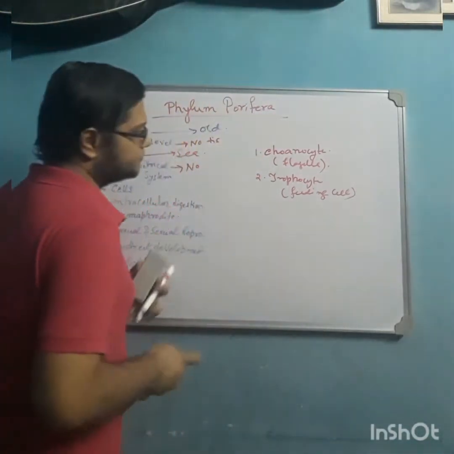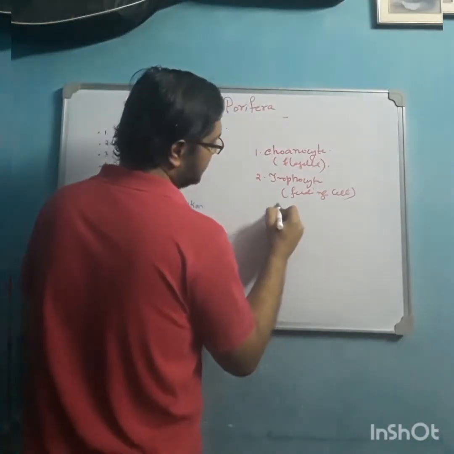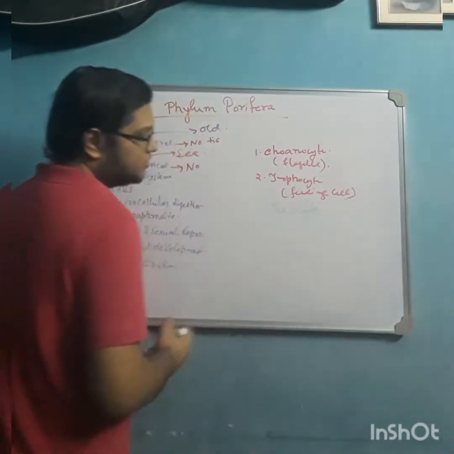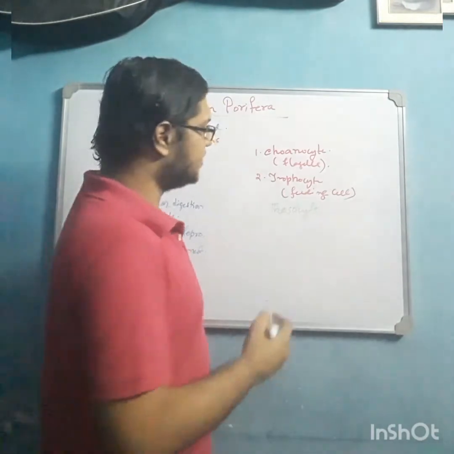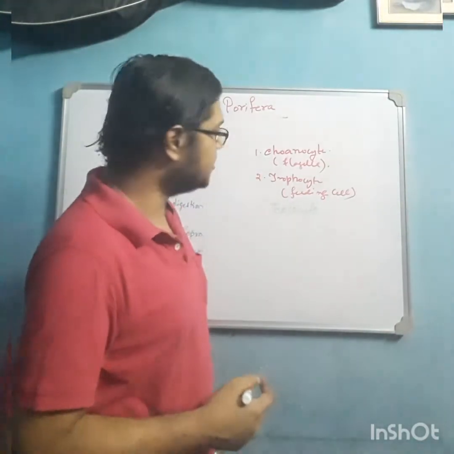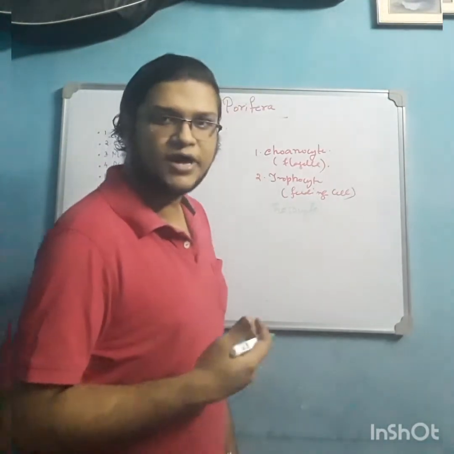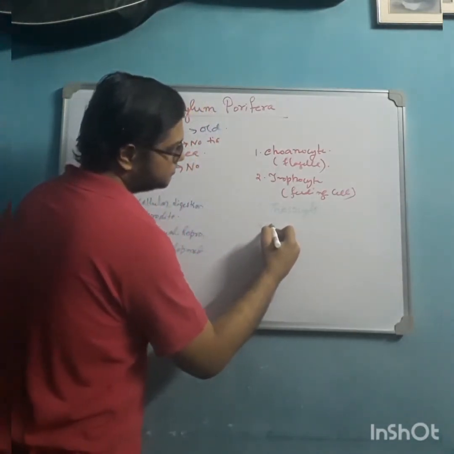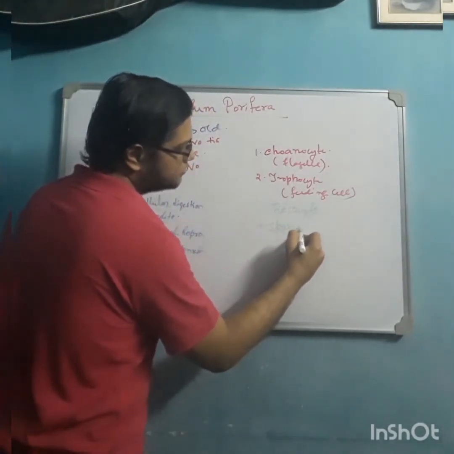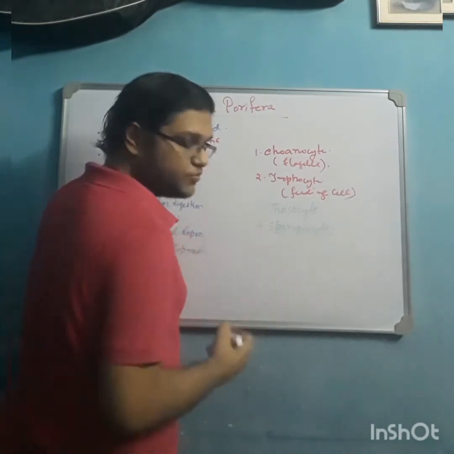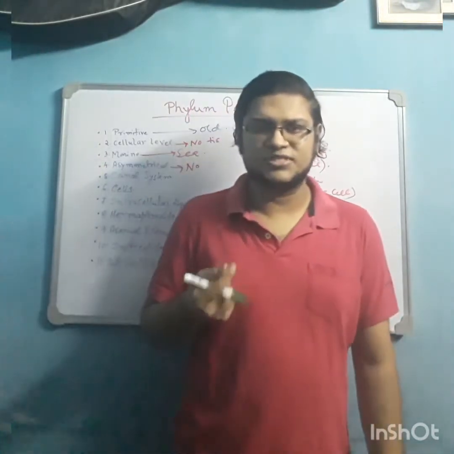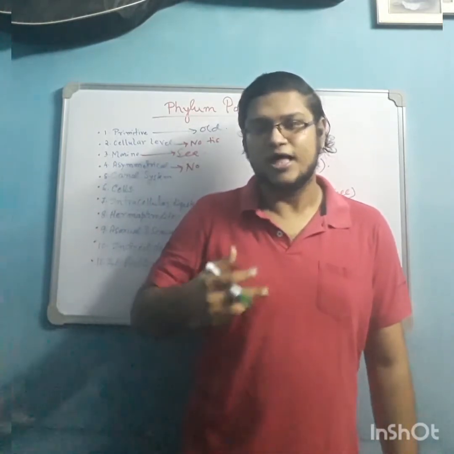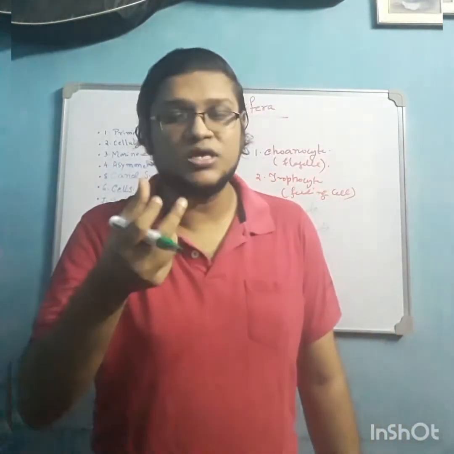Next is thesocyte. This is another type of feeding cell, another type of cell that helps in the feeding process of phylum Porifera. Next is spongocyte. Spongocyte is a special type of cell found on the body wall of phylum Porifera, which helps to secrete spongin fiber.